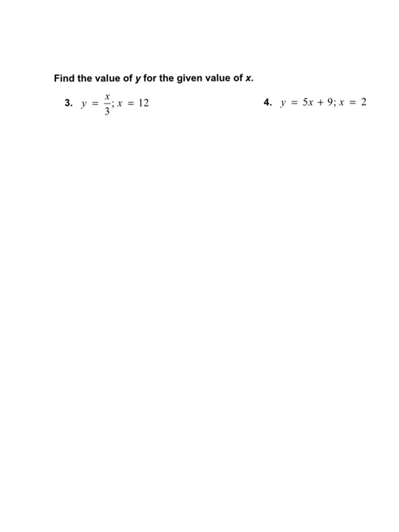On number 3, we're going to be plugging in 12 for x. So all we do is take this 12, and it's going to go in for x. So we're just going to put it right there. So I would have y is equal to 12 divided by 3, and 12 divided by 3 is 4.